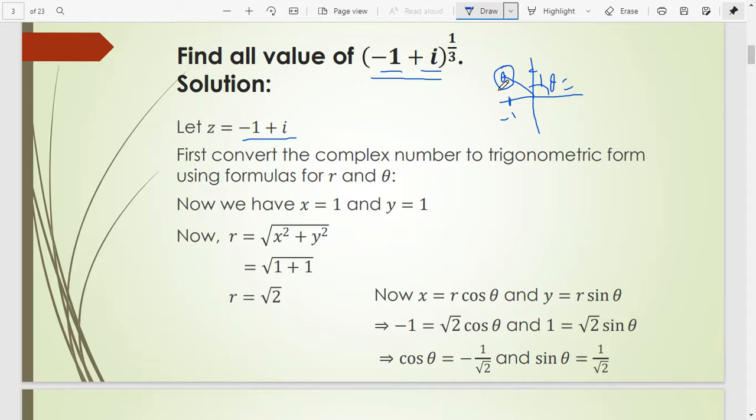Theta is equal to pi by 2 plus pi by 4. This is pi by 2 plus pi by 4. So the angle is 3 pi by 4.